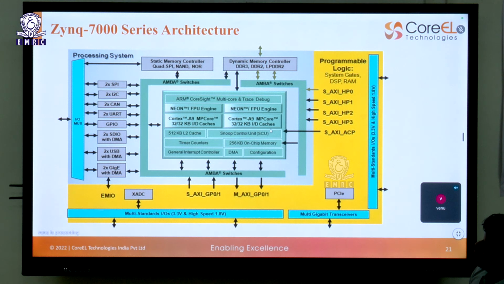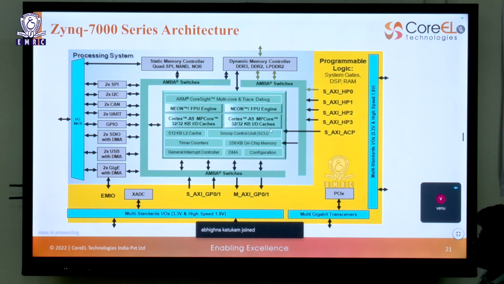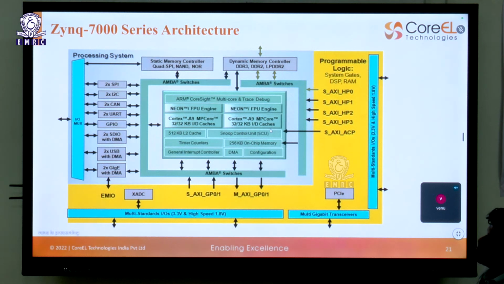We can add memory units, we have NAND and NOR memory controllers, static memory controllers, and there are multiple protocols that are available to us that we can choose from. We have SPI, I2C, CAN, UART, DMA, USB, SD, and gigabit Ethernet.